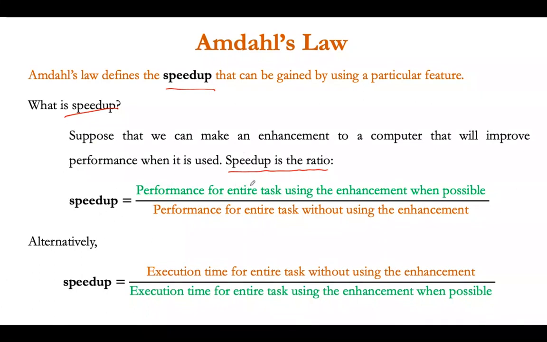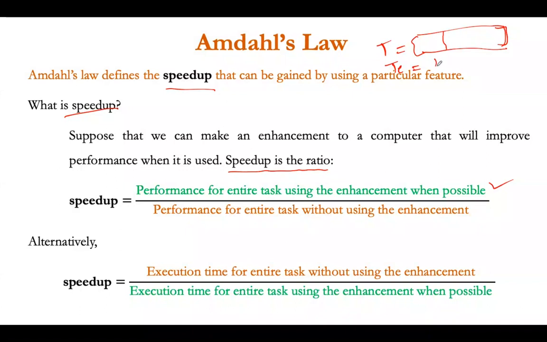the performance for the entire task using the enhancement when possible. That means if I have a task which has an execution time, and if I enhance this task, that means whatever repeated code or repeated instructions are there, if they are stored at locality, then some portion of it will be enhanced.